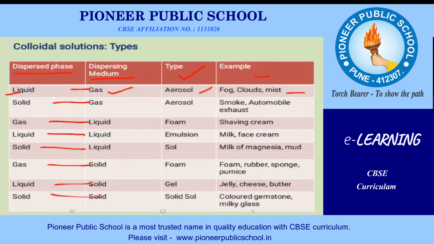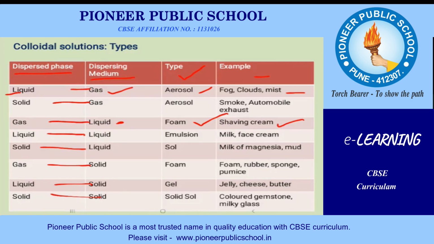For example, here we have gas as the dispersed phase getting dispersed into the liquid medium. Then we call it foam. The example of this foam is shaving cream. So students, these are the different types of colloidal solution. Always remember, colloidal solution is a heterogeneous mixture.